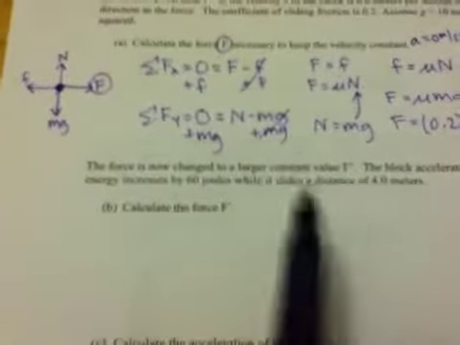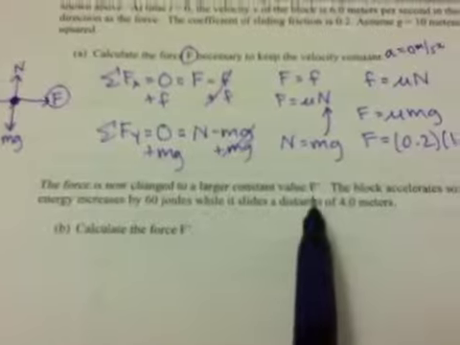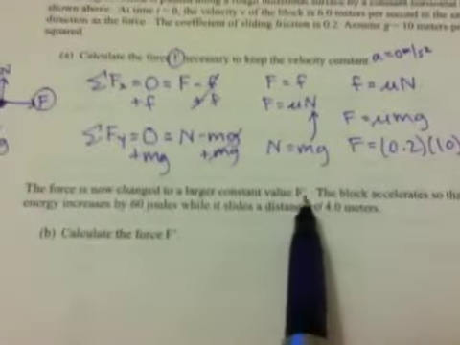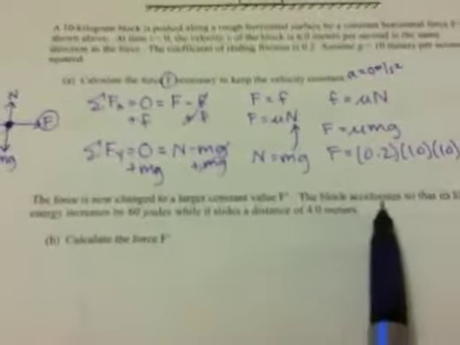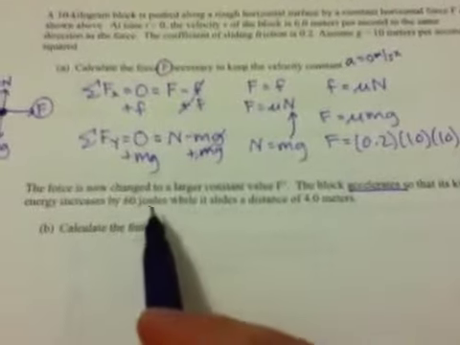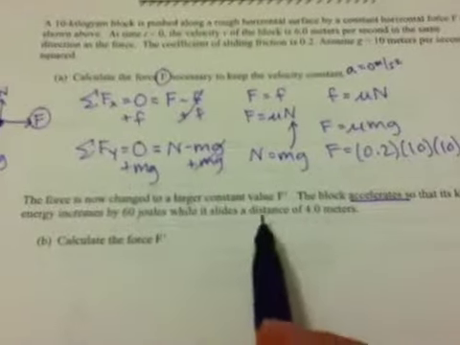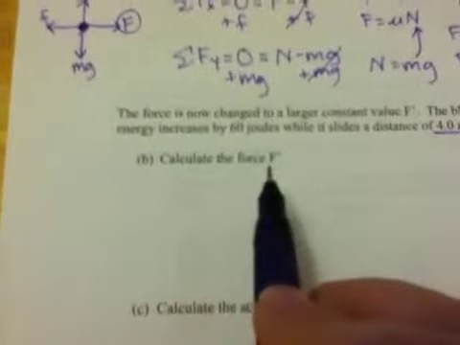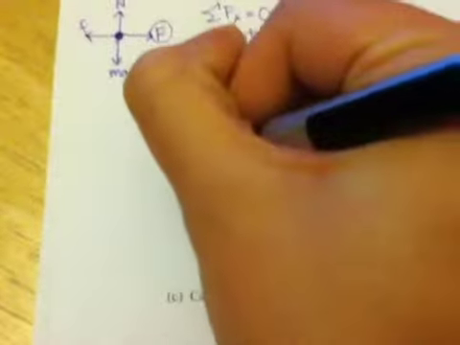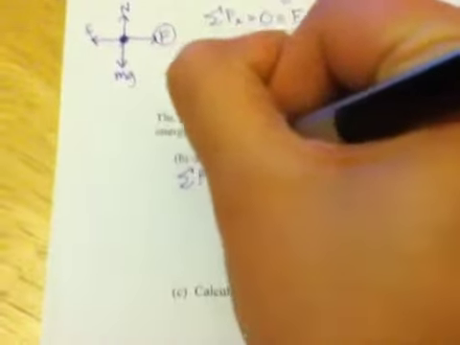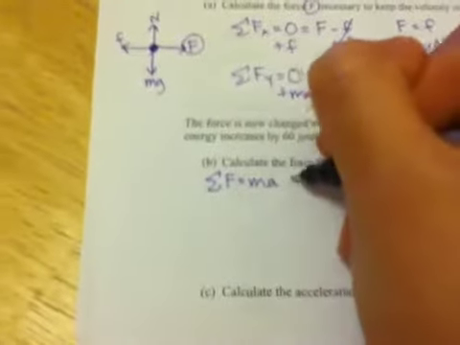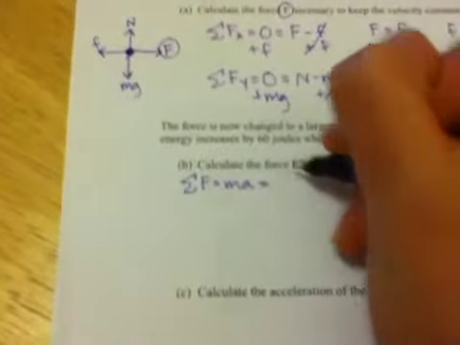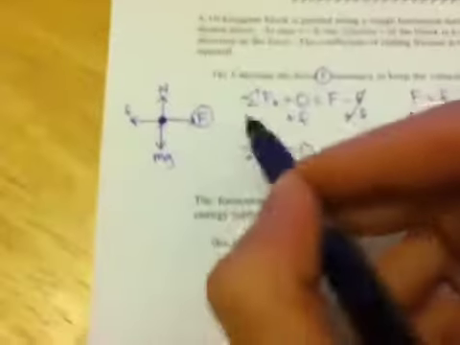Now the force is changed to a larger force, F prime. The block accelerates so that its kinetic energy increases by 60 joules while it slides a distance of 4 meters. It wants us to calculate this new force F, which is going to be due to the acceleration. So let's do our sum of the forces equals ma, still in the x direction.